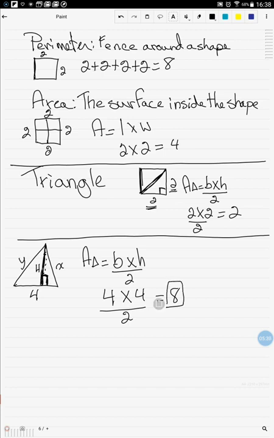So this is the area of my triangle. Now to find the perimeter, I would have to know x and y, right? But we're not getting into that right now. Just remember that for a triangle, the base times the height, and sometimes the height is a little tricky, divided by 2. That is your formula.